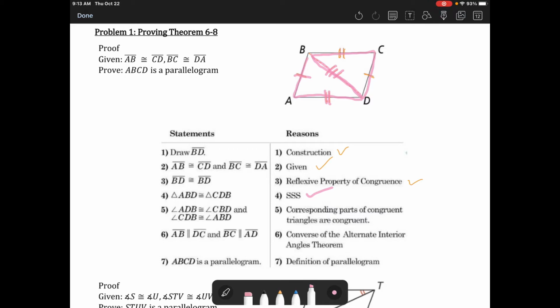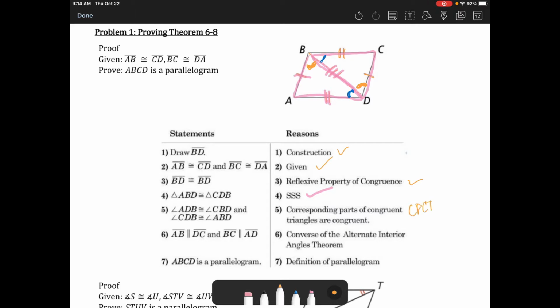So we can conclude then that angle ADB, this one, and CBD, this angle, are congruent. And we can conclude that CDB, this angle, and this angle are congruent. Okay, by corresponding parts of congruent triangles are congruent.